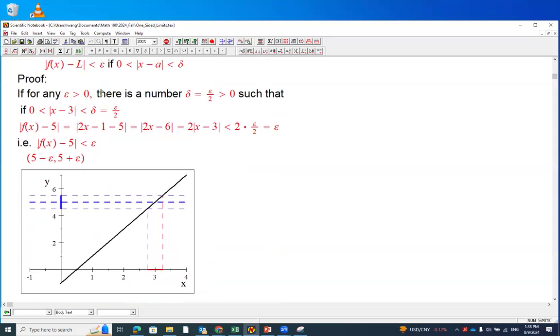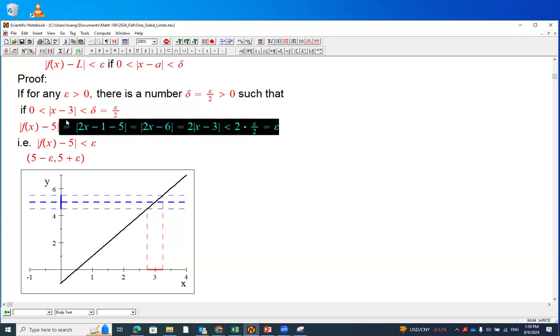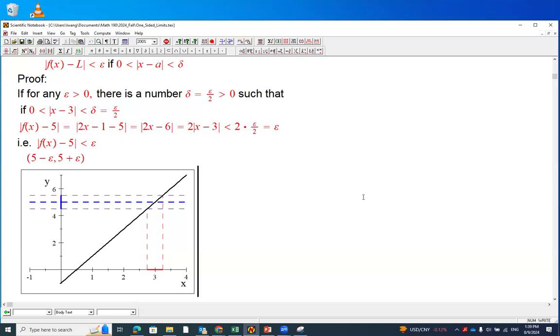For any epsilon greater than 0, we're going to show delta is half of epsilon, which is positive. If epsilon is positive, half of it is positive. So if I make the absolute value of x minus 3 less than delta, then the difference between the function and the limit in absolute value is less than epsilon. So that algebra part is worked from backward to forward.